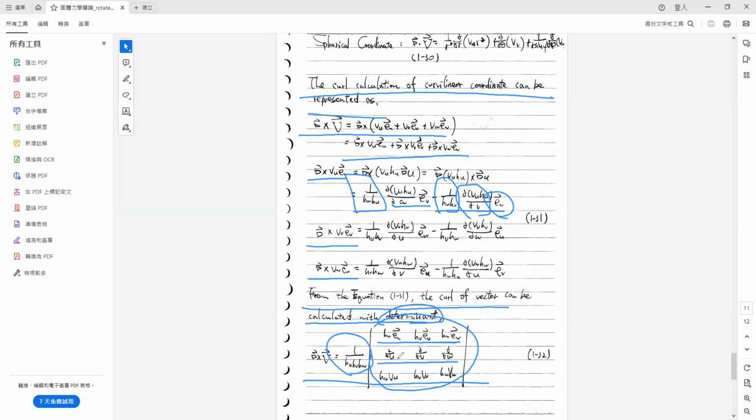The second row is the operator: the differentiation of U, the differentiation of V, the differentiation of W. The last row is HU VU, HV VV, HW VW.